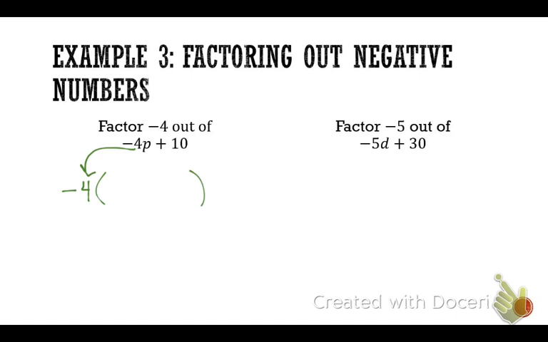What's -4? Watch your signs. What's -4 divided by -4? 1. Divide. 2 negatives, even odd rule. It's +1.